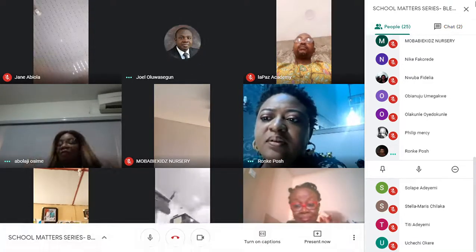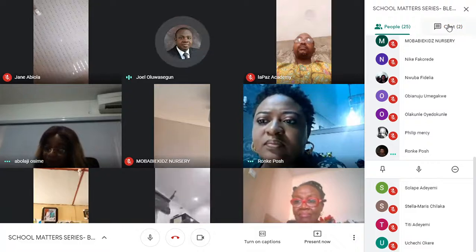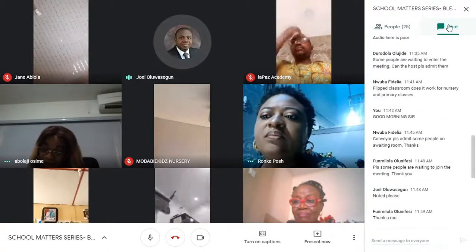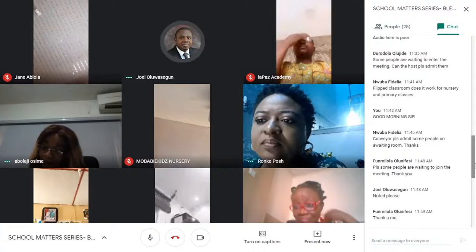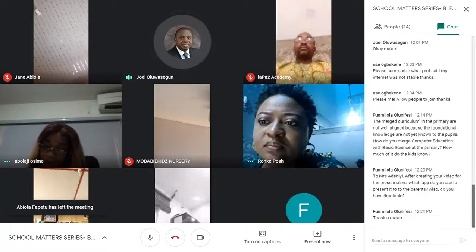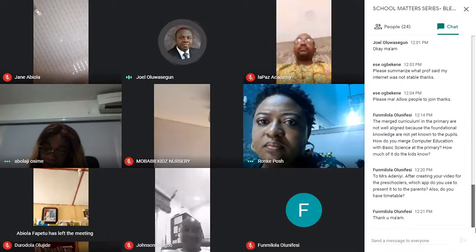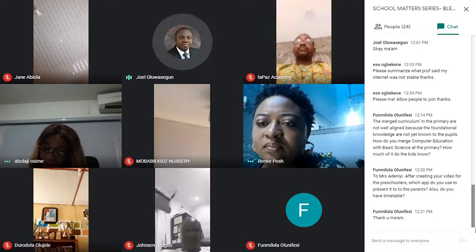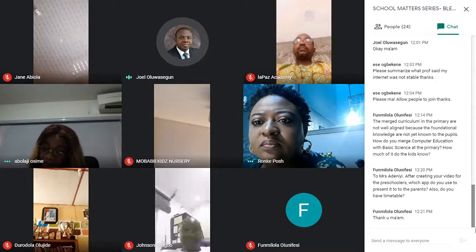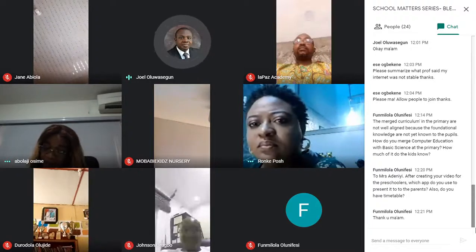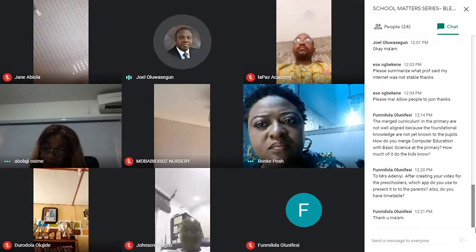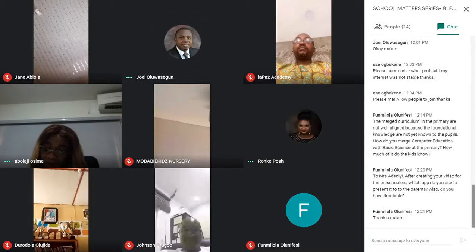The merged curriculum in the primary are not well aligned. Mrs. Adekobe has said that some of those subjects have been merged into 7, for example, but they are not aligned because the foundational knowledge are not yet known to the pupils, because the teachers are not able to bring out the skills for the children to learn.